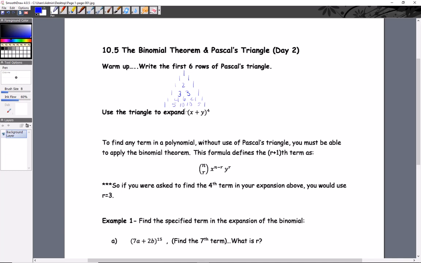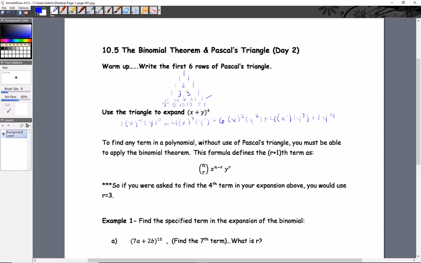And then it wants us to use the triangle to expand this. Well, it's just going to be x to the fourth, which would be this row here. That is your fourth. So it'll be 1 times x to the fourth, times y to the 0, plus 4 x to the third, y to the first, plus 6 x squared y squared, plus 4 x to the first, y to the third, plus 1 y to the fourth.